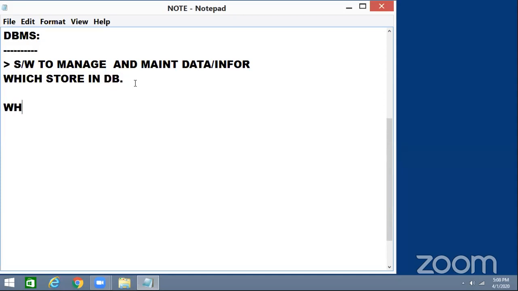But why is this DBMS required for us? Why DBMS? Now take a side heading. Why DBMS? I will give a small real-time example.